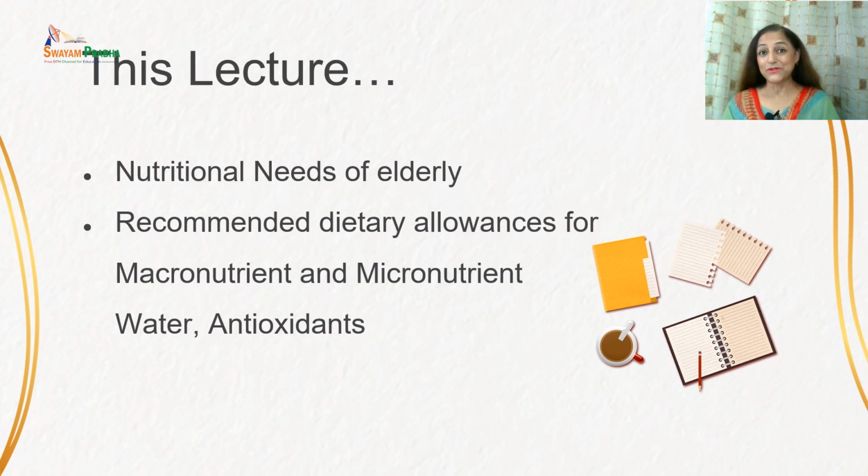And in this lecture, we shall be focusing on the nutritional needs of the elderly, and we will study the recommendations about the various nutrients, that is macronutrients, micronutrients, water and antioxidants. So let's start.